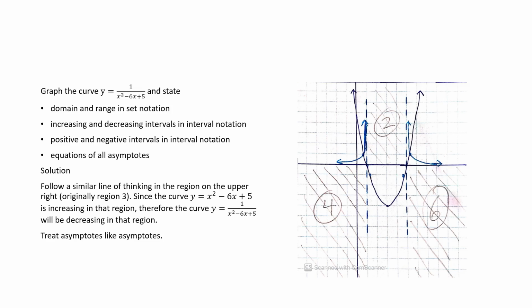Now the middle portion is where it's going to get interesting. In that middle portion, we're going to treat the asymptotes like asymptotes. So we know we're not going to cross either of those vertical asymptotes, and we know that we're not going to cross the x-axis either.